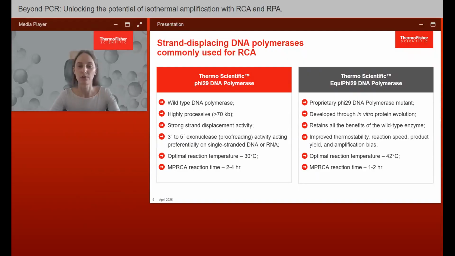But additionally, it offers improved thermostability, faster reaction speed, higher product yield, and reduced amplification bias. For reactions using EquiPhi29 polymerase, it is recommended to incubate for 1 to 2 hours at 42 degrees. So if your priority is speed and efficiency in your workflow, EquiPhi is the preferred choice.